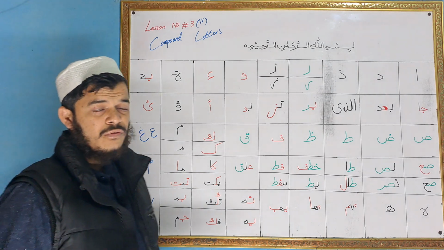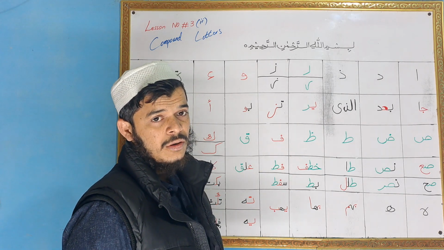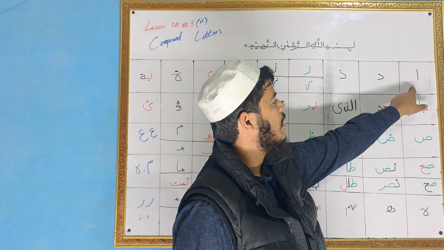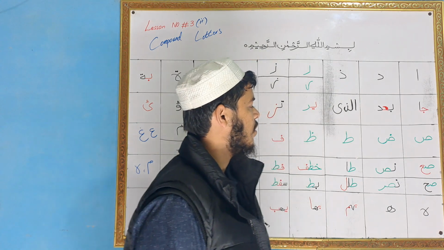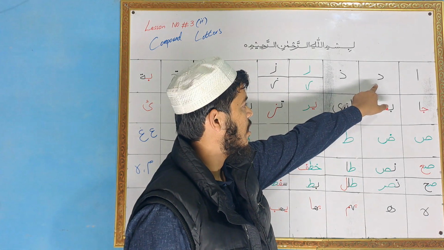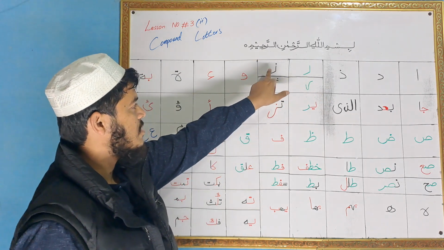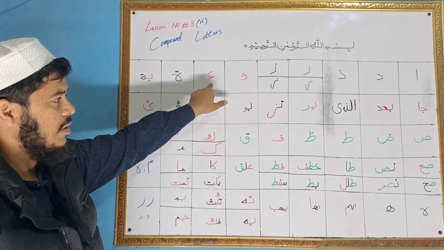But there are a few letters that will always be separate or at the end. Alif, we have discussed, it will always be at the end of the letter. Dal, zal, ra, za, waw, and Hamza.